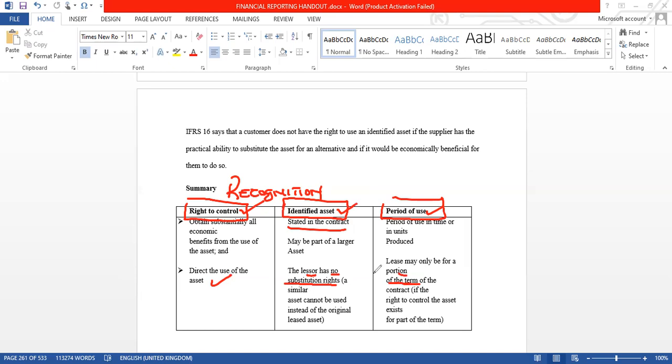Now, with this concept of identifying the lease, there are some 3 questions I want us to go through quickly before we move on to the measurement. Everything about lease is about its measurement. So let's just look at this illustration, then we move on to the measurement.